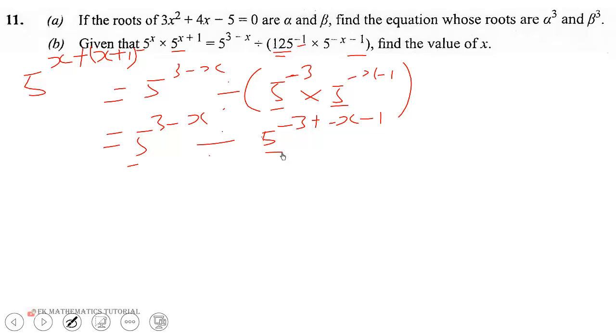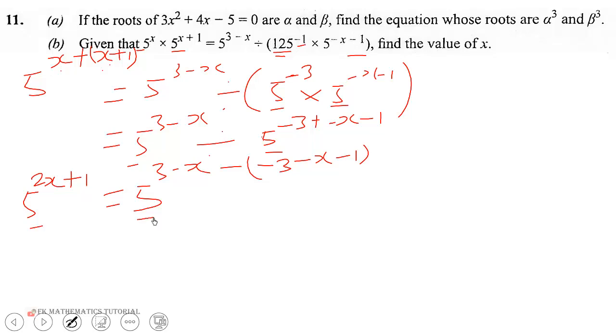So the same base, they are dividing, so we subtract the exponents. So we have 3 minus x minus negative 3 minus x minus 1. So we have 5 exponent, now this is x, so x plus x is 2x plus 1.